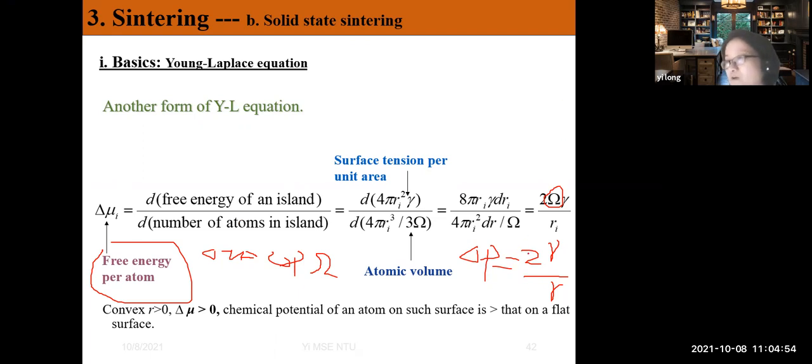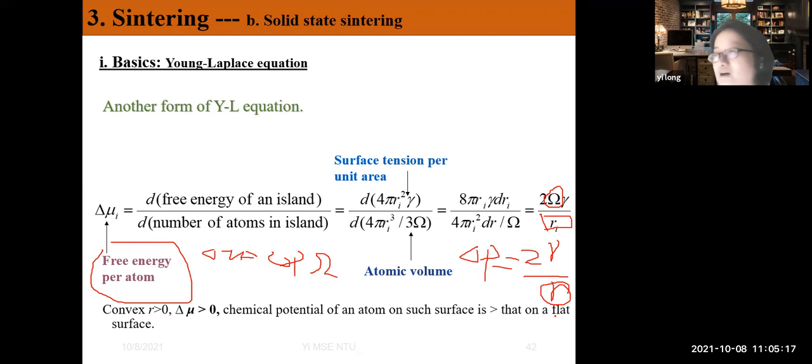Inversely proportional. This is a very important concept, which means your free energy per atom, or your pressure, is inversely proportional to R. That's why the particle size is so important, right? Tell me, why do you need ball milling? Can you type?